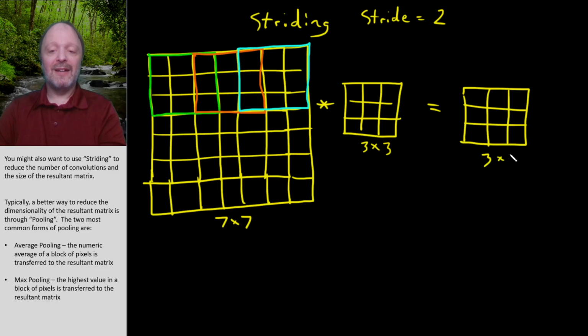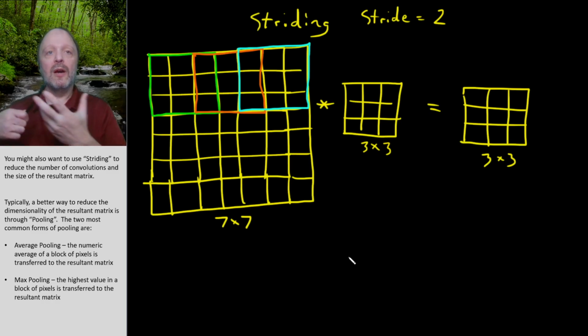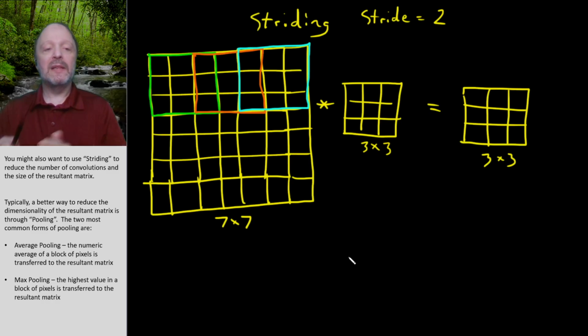So striding is used to greatly reduce the size of your next matrix. When you're going through the layers of your neural network, one layer might be looking for vertical edges. The next layer might look for combinations of vertical edges or horizontal. It's impossible to tell once it starts doing back propagation and adjusting all the thetas what it's really doing.